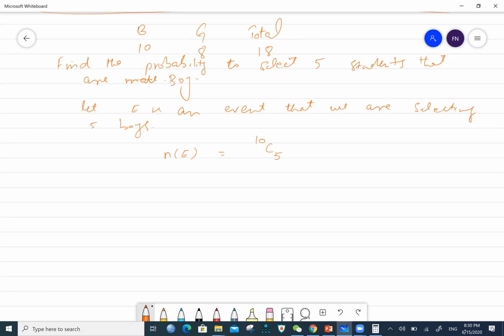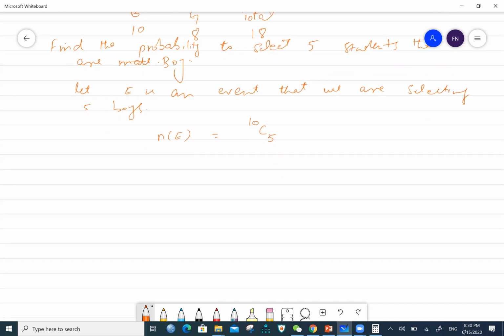And there is another definition which is called sample space, which means the total number of options.